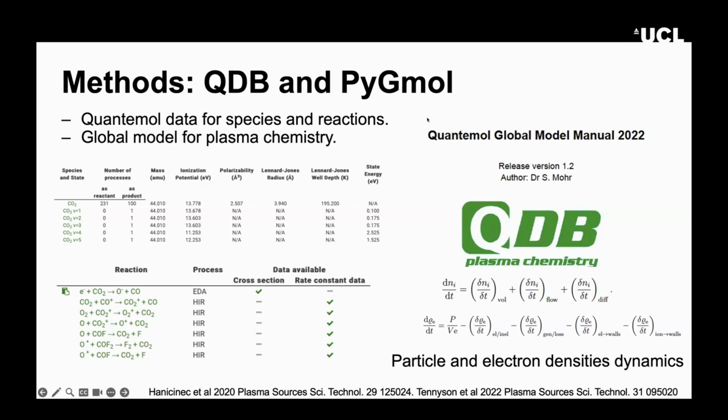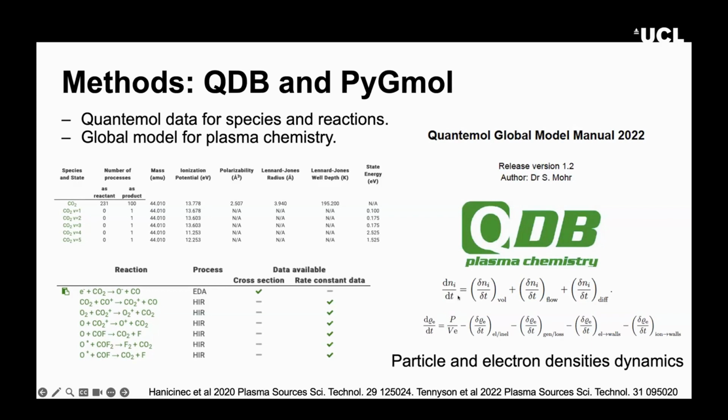We have this global model realized in Python. Essentially, this Quantemol global model solves a series of differential equations to figure out the dynamics of the electron density, for example, and the heavy particle density, and so on.